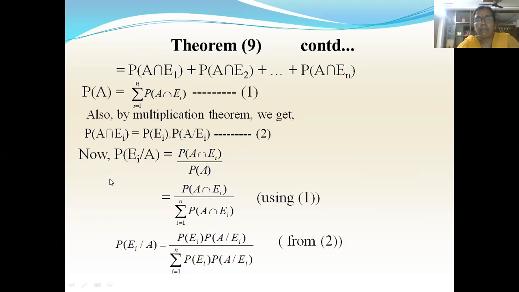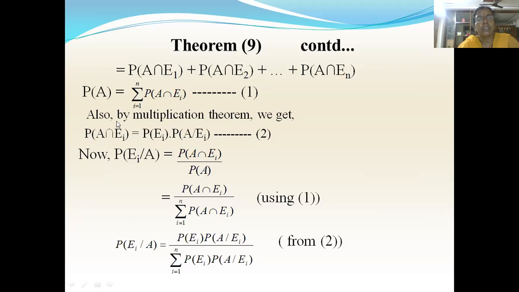Now in Bayes theorem, we have to find this probability, P(Ei|A). As per the definition of conditional probability, P(Ei|A) is P(A ∩ Ei) by P(A). So here the numerator I'm writing as it is, P(A ∩ Ei). But from equation 1, what did we get for P(A)? P(A) is the summation of P(A ∩ Ei). In place of P(A), I'm writing the summation of P(A ∩ Ei). Now what is equation 2?